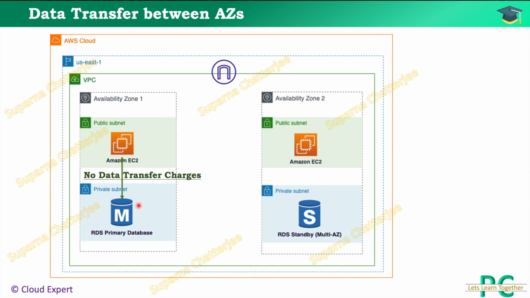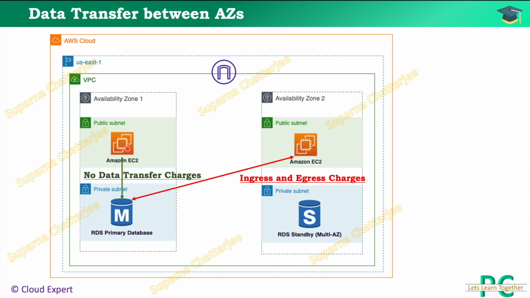Let's understand the concept using this highly available architecture. Now maybe your EC2 instance in availability zone 2 is trying to communicate with the RDS primary node in availability zone 1. In that case, you are paying both ingress and egress charges.